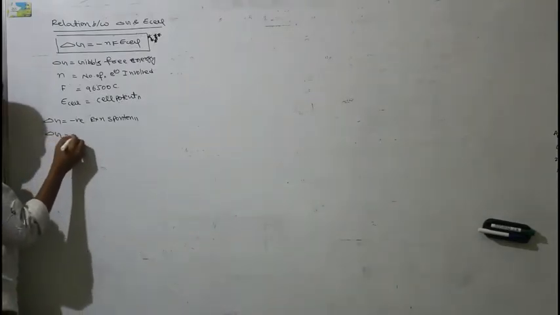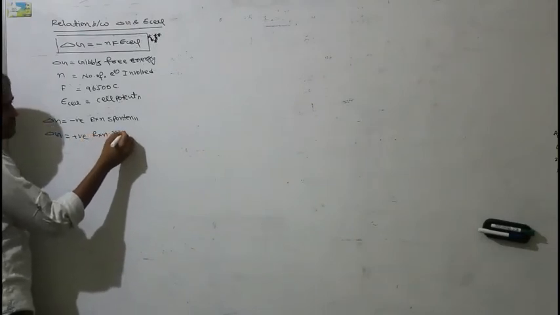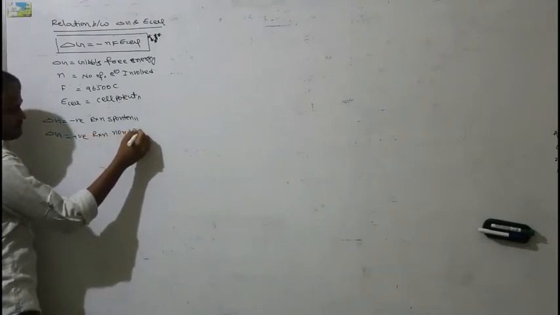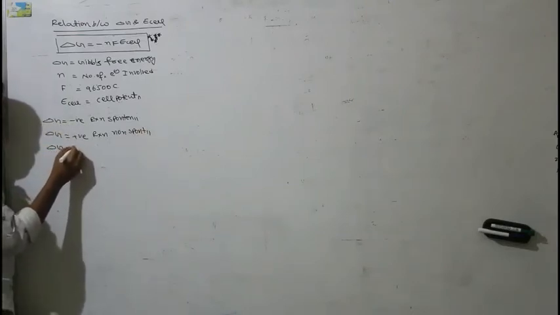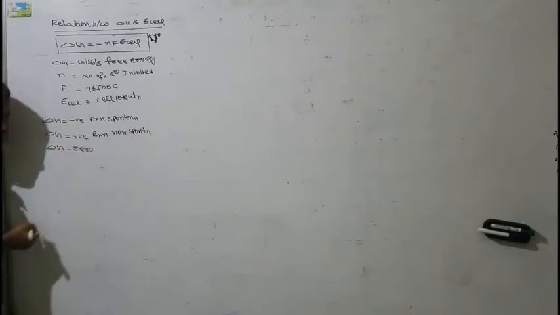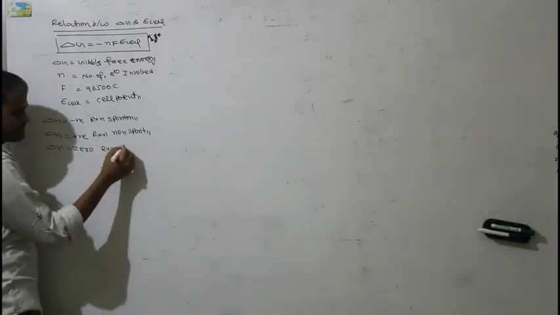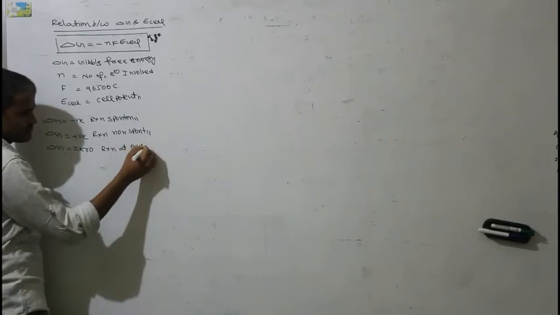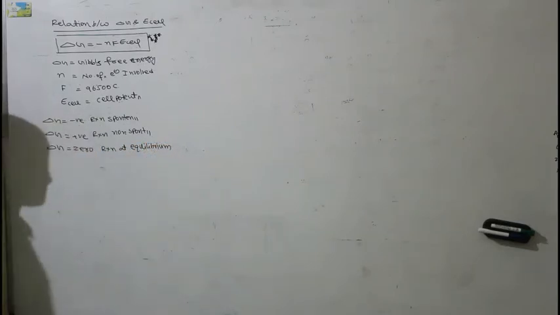If del G is positive, the reaction is non-spontaneous. If del G becomes equal to 0, the reaction is at equilibrium.